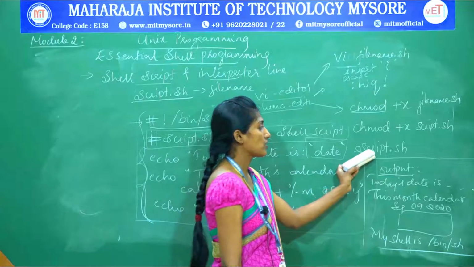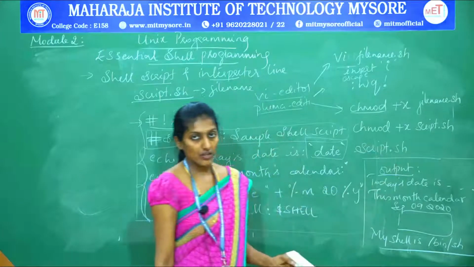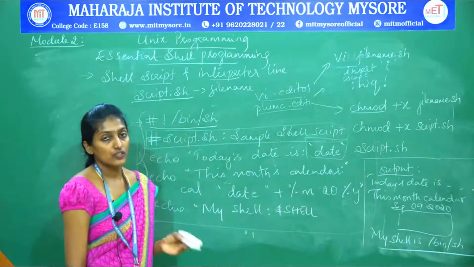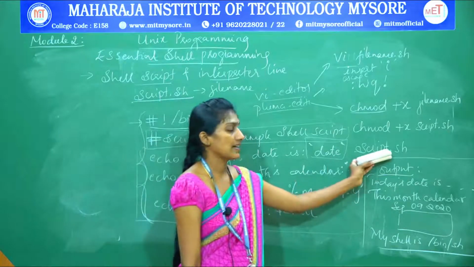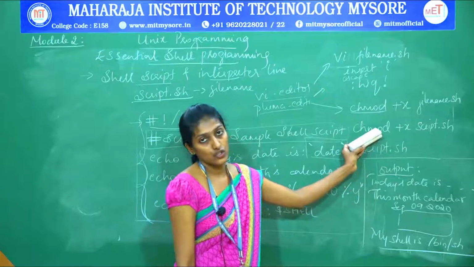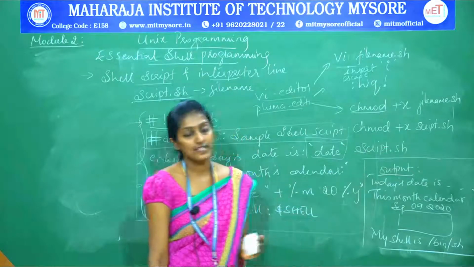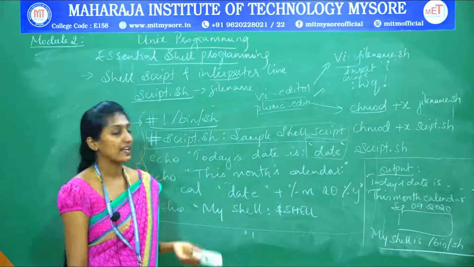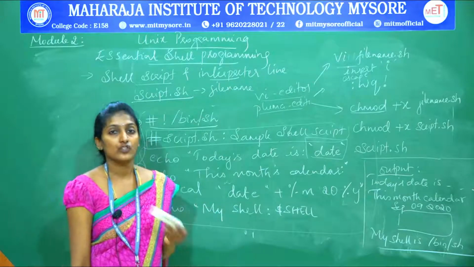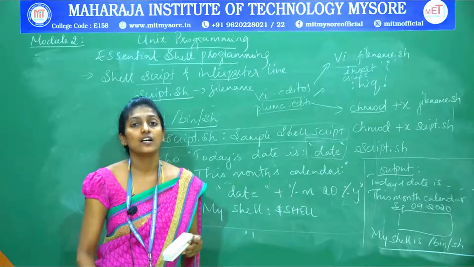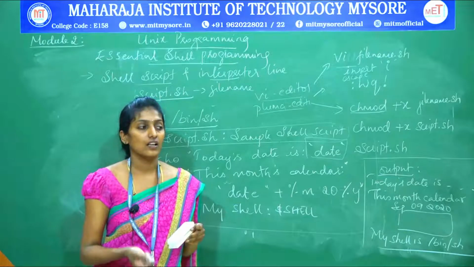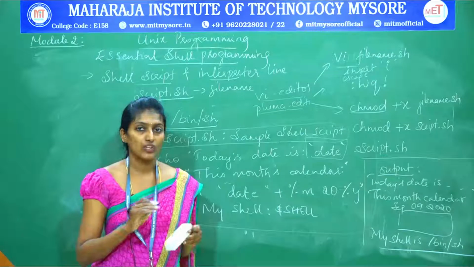So you can just execute script.sh. This is the execution command. For the execution of any script file, you use this. And chmod +x is for assigning the execution permission for that particular file, script.sh. Why we have to assign it explicitly is that once a scripting file or any other file has been created, execution permission will not be assigned.